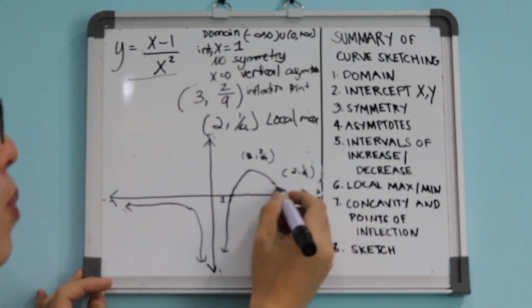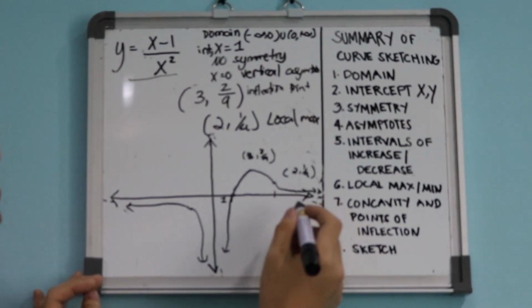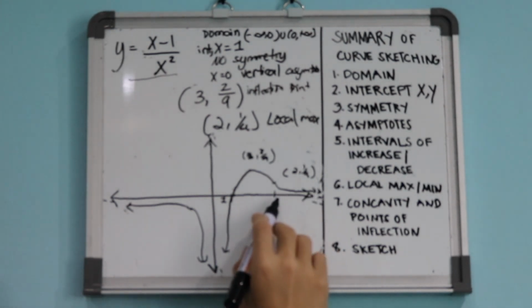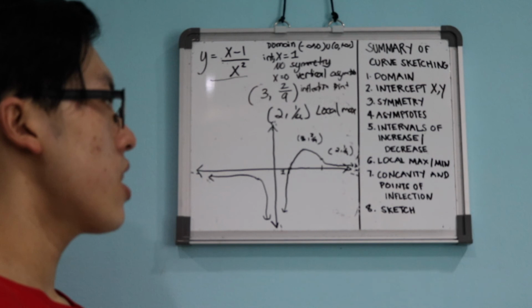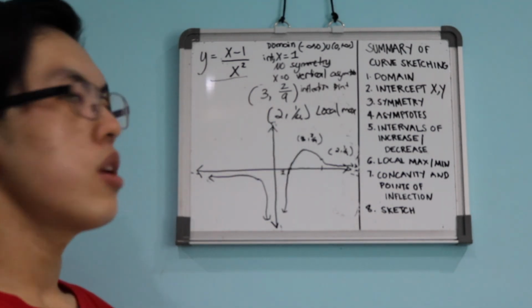So it will be approaching the horizontal asymptote. It will only be approaching because there is a horizontal asymptote. So this is a rough sketch of the function y equals x minus 1 over x squared.